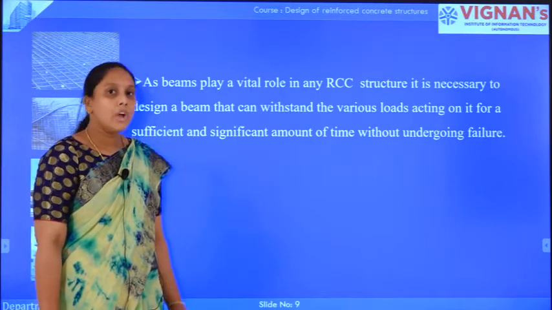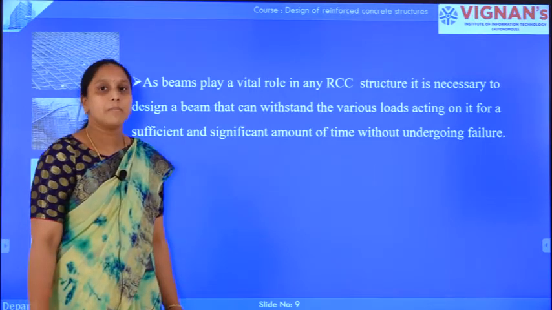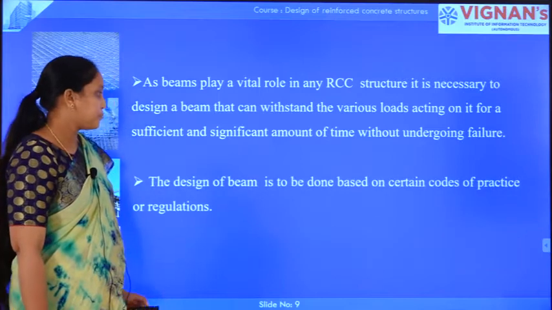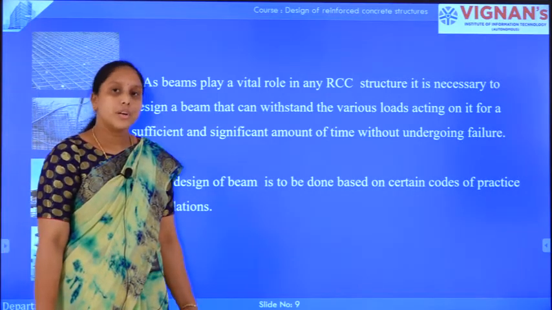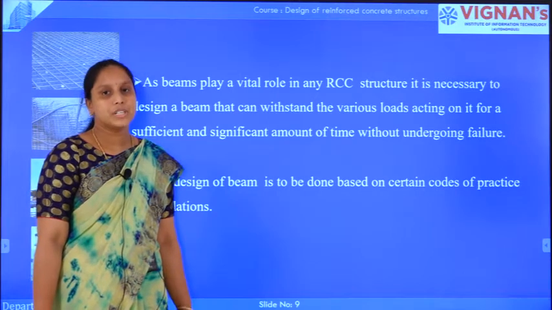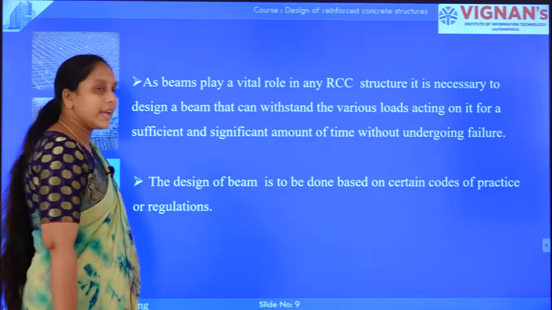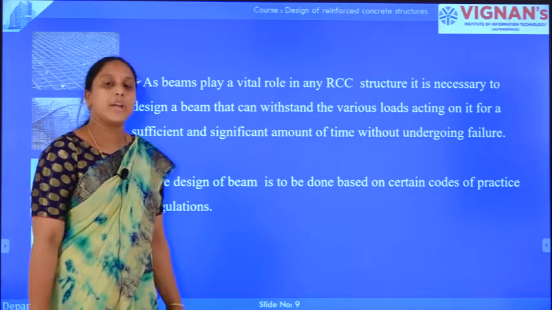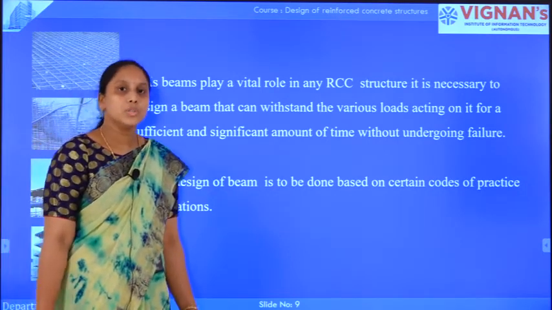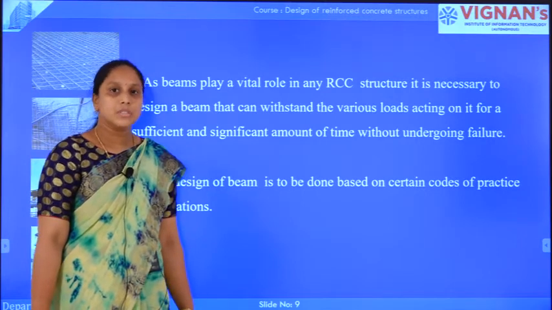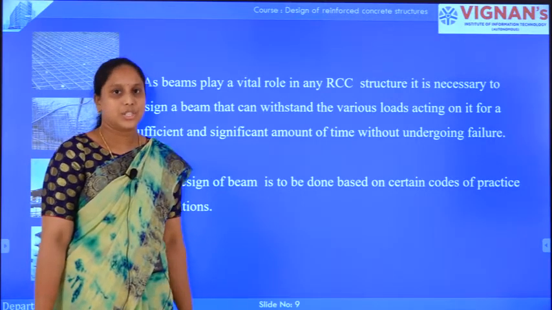So how do you design? For designing a beam, you have to use a certain code of practice. What is the code of practice used for designing? It is IS 456-2000. By using the code IS 456-2000, we are going to design the beams in our next sessions.